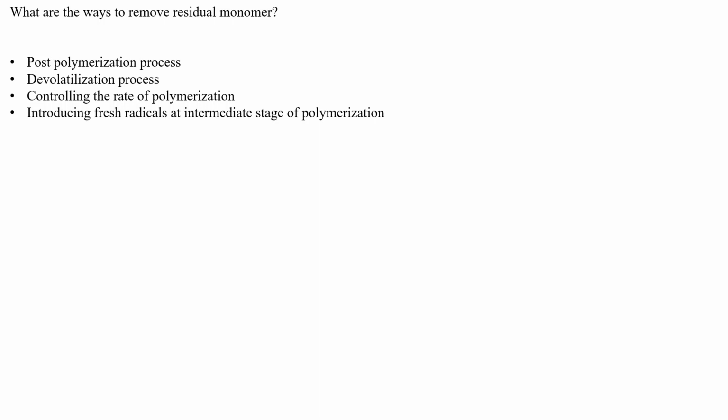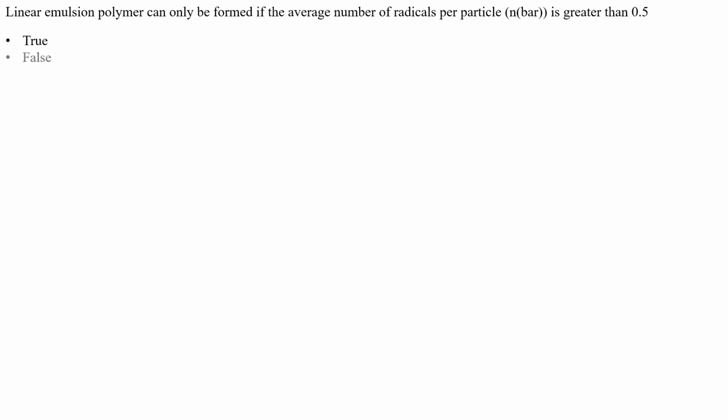Moving on to the next question. Linear emulsion polymer can only be formed if the average number of radicals per particle is greater than 0.5.